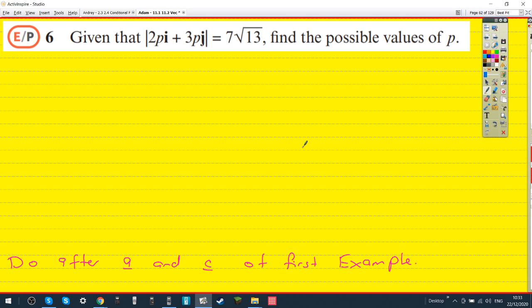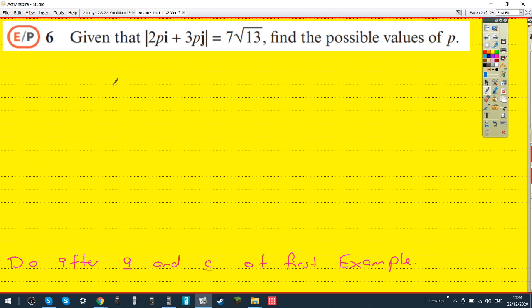Would you write it out and divide it by p, or would that not work? Like 2pi plus 3pj equals 7 root 13, and then could you divide by p? What are these lines about? You need to work out the magnitude using Pythagoras. So it'd just be 9 plus 4 equals 13.